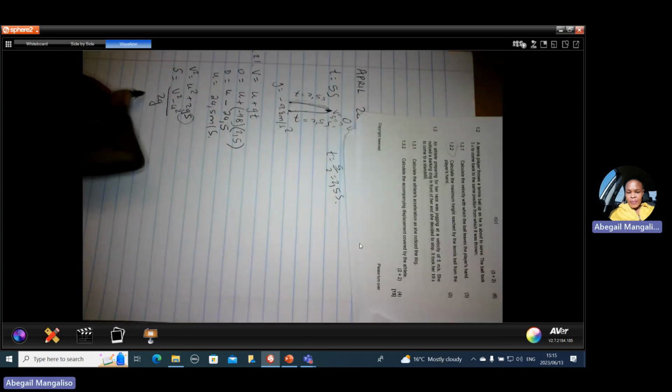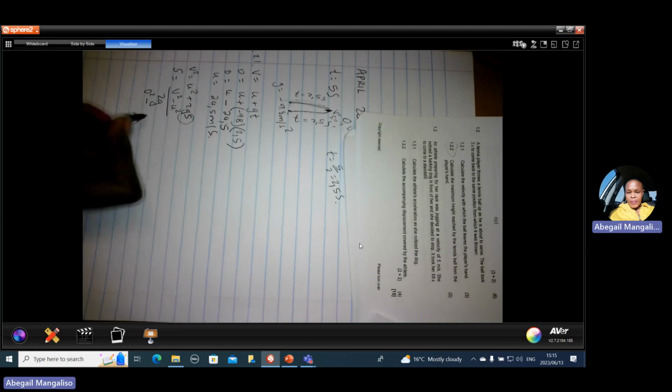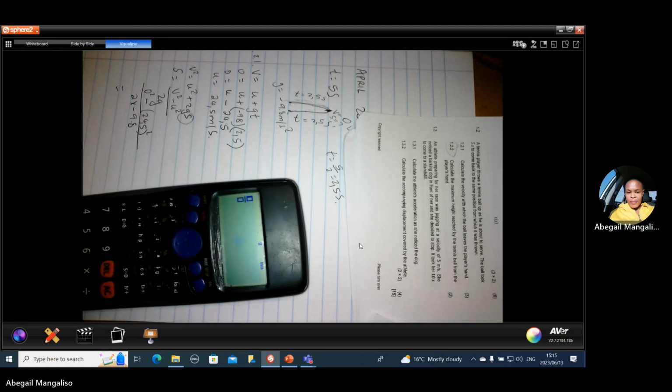Where there is v squared, when it reaches the maximum height, velocity is 0 squared, minus 24.5 squared, divided by 2 times, going up, negative 9.8. Then you use your calculator and plug this in: 0 squared minus 24.5 squared divided by 2 times negative 9.8.